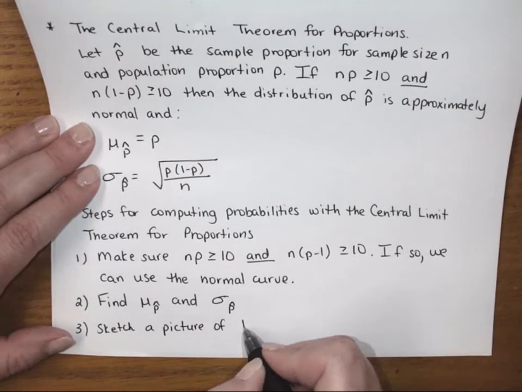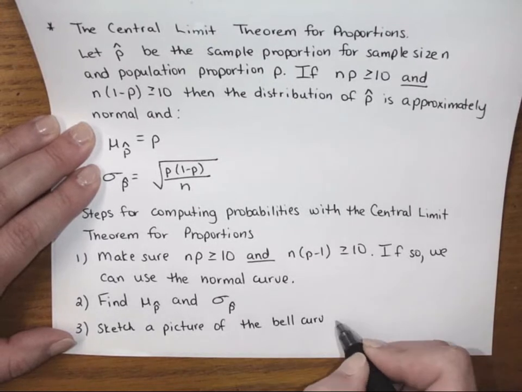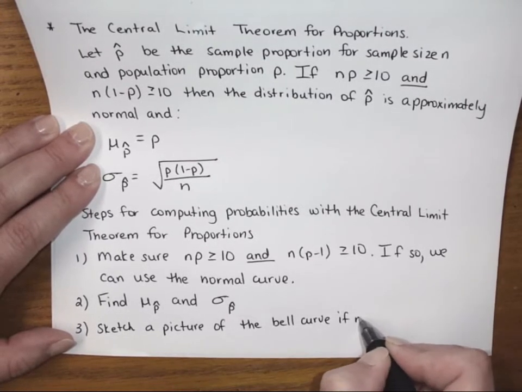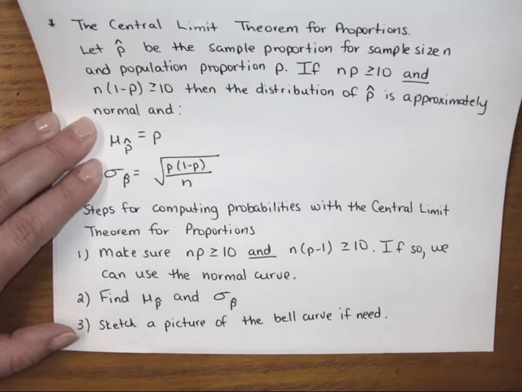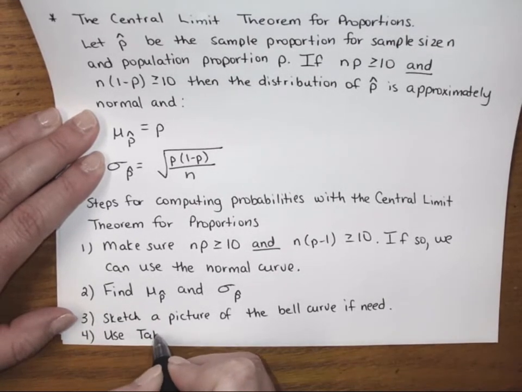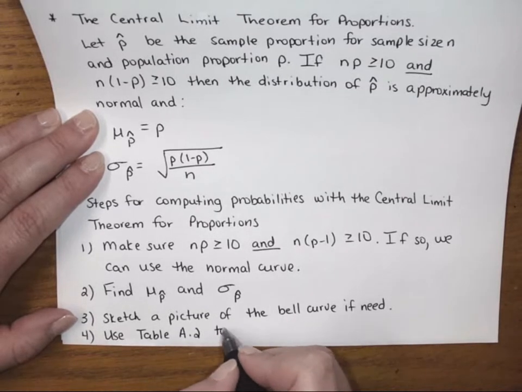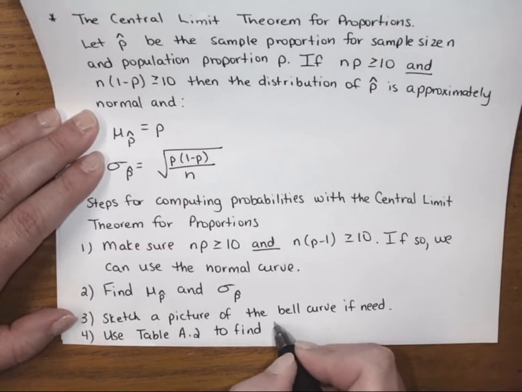If you think it helps you, then you could go ahead and draw it. And finally, we're going to use table A.2 to find the area, the same table we've been using.